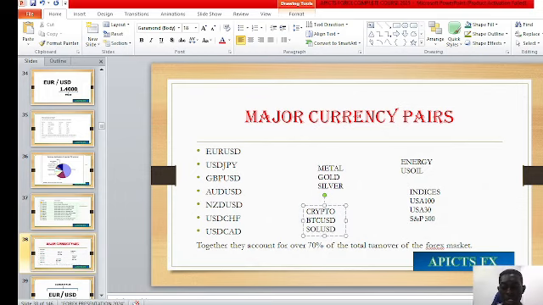Some people also trade ETH, that's Ethereum USD. Just get familiarized with some of these things and make a choice.